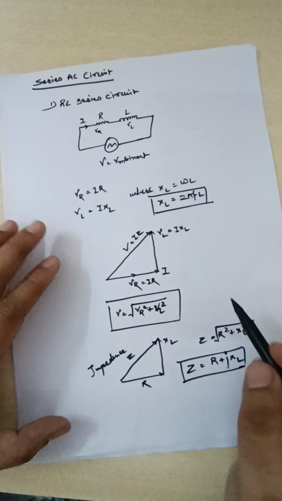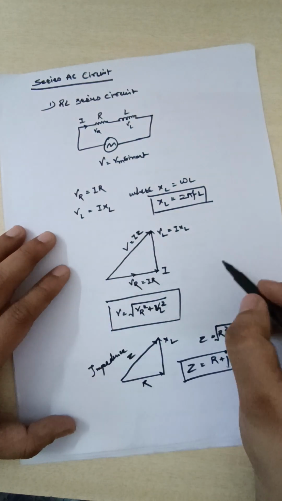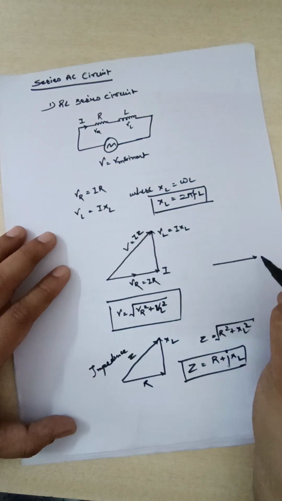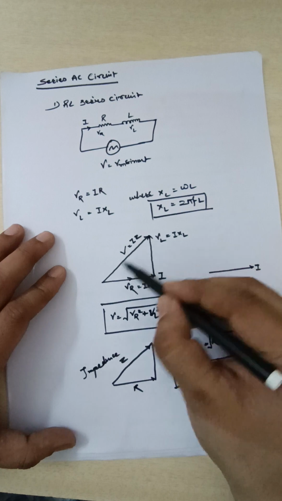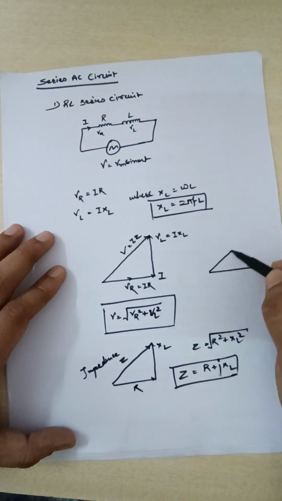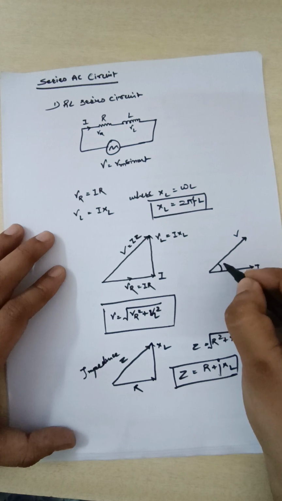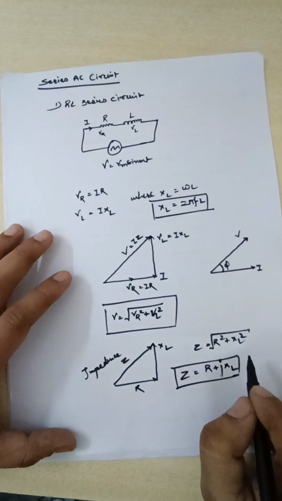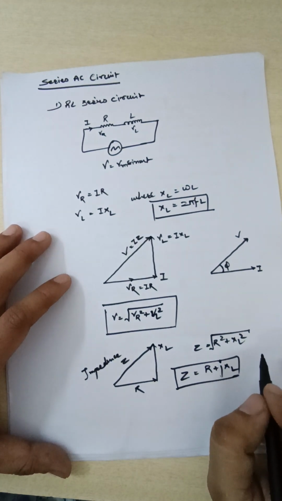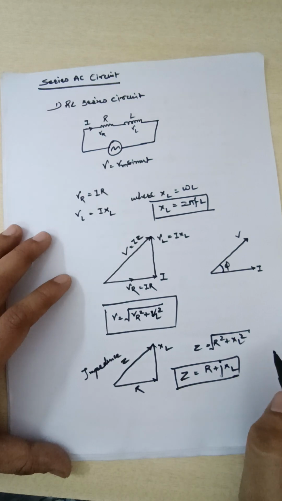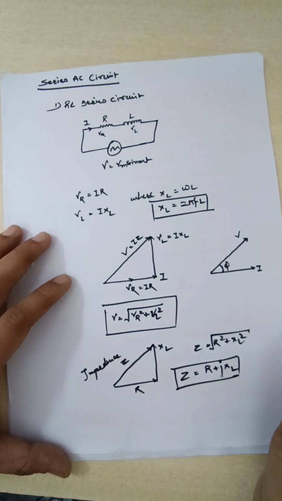So from here, if I draw only current and voltage, this will be the current and this is the total voltage V. Here we can see there is a phase difference phi between voltage and current. If the circuit is purely resistive, then voltage and current will be in the same phase. If circuit is purely inductive, then voltage will lead the current by 90 degree.